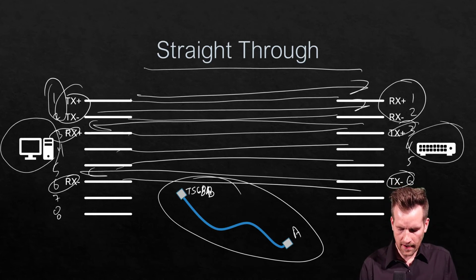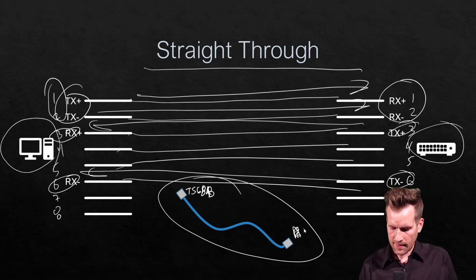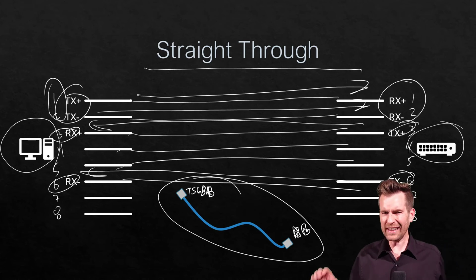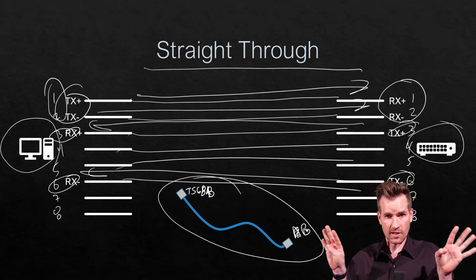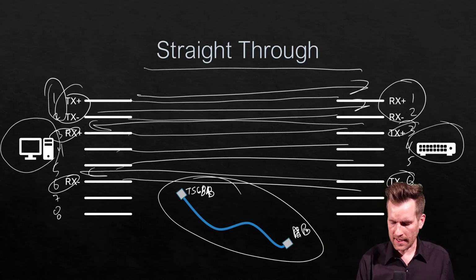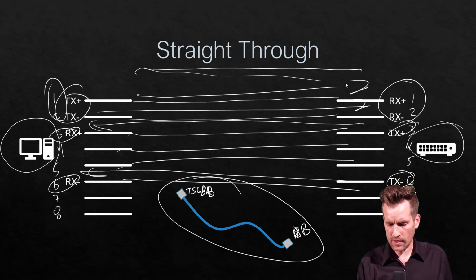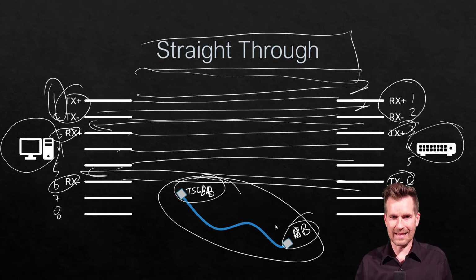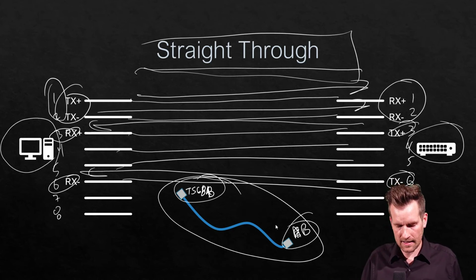If this was a T568B on that side, then I'm going to want a T568B on that side. So it really doesn't matter what those pins are on each side because the transmits are going to line up with the receives. So that is the straight through cable, is when your standard that you use is going to be the same on each side, and that is a straight through cable.